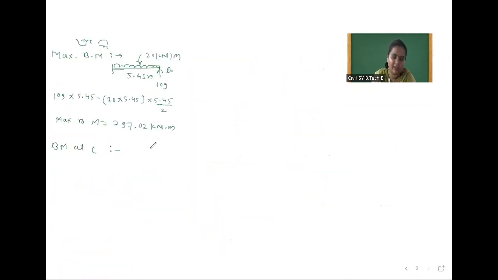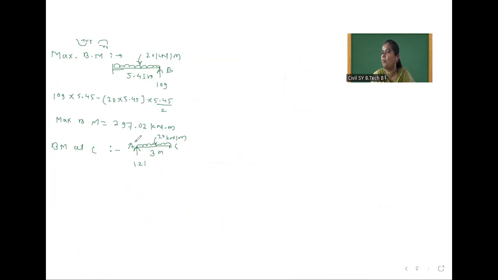So I will draw the figure accordingly here. Okay, this is our C point. This is A. Here a uniformly distributed load is applied, 20 kilonewton per meter, and the span between A and C is 3 meter. Okay, so the value of RA is 121.